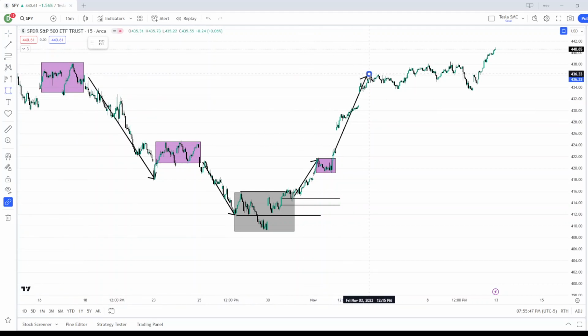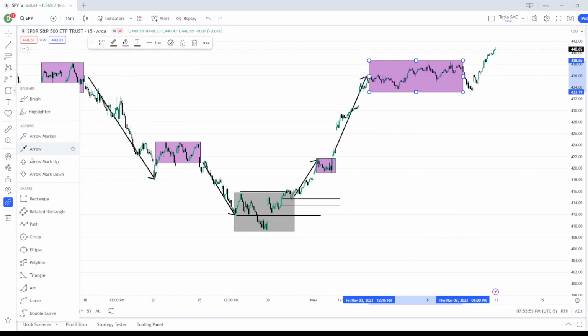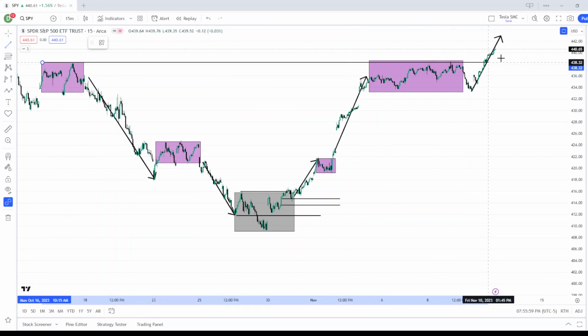We get more consolidation, this time a little bit bigger. And then we see our final leg of distribution. Ultimately, we ended up taking the high.